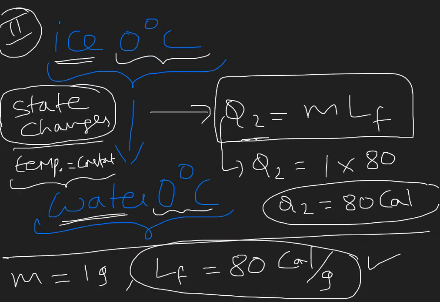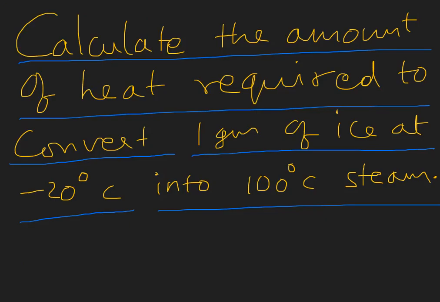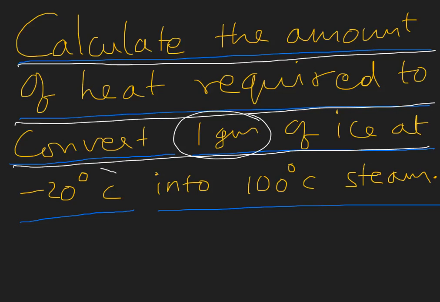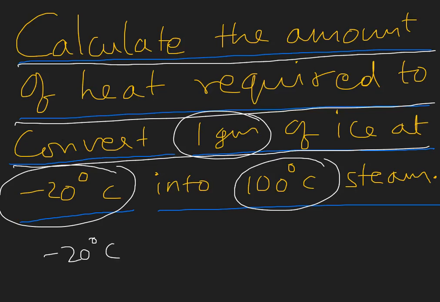A very important model to understand specific heat and latent heat. Calculate the amount of heat required to convert 1 gram of mass, ice at minus 20 degrees centigrade, to steam at 100 degrees centigrade.